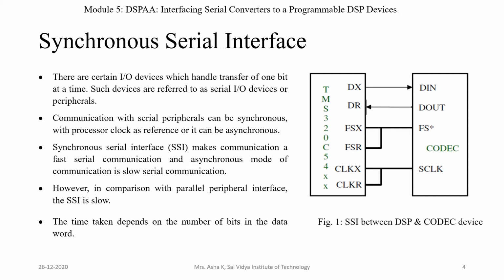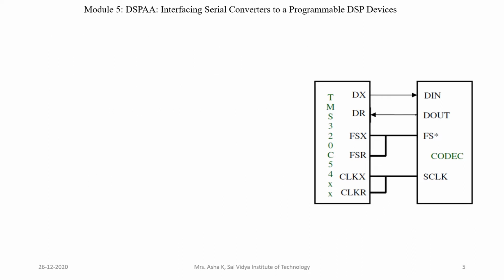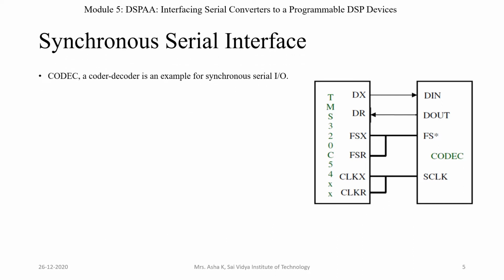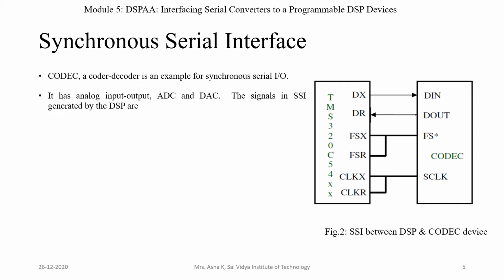So this is the block diagram of synchronous serial interface between a TMS processor and a codec device. A codec, a coder-decoder, is an example of synchronous serial input-output. We see the interfacing between the DSP processor and a codec here in a serial communication.